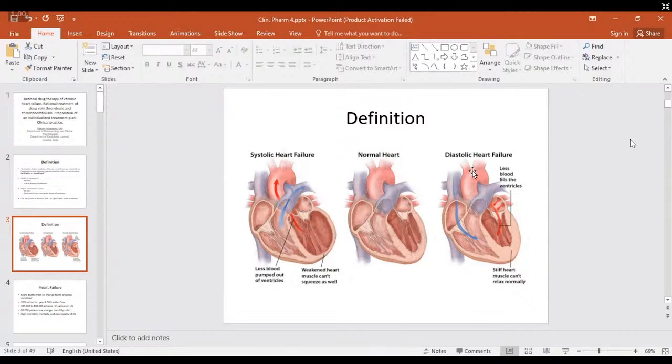This here is a heart with a diastolic heart failure, and you can see that the left ventricular wall is even thicker than the left ventricle here, which is the normal left ventricle. And this can be caused by arterial hypertension, by long-standing arterial hypertension, which is not treated.